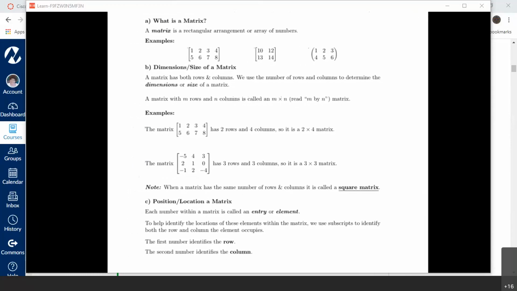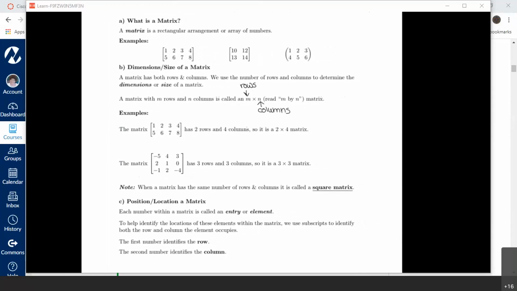The first number in the dimension of a matrix is the rows, and the second is the number of columns. So you would say an m by n matrix has m rows and n columns. Just remember this little times sign in the middle is read as the word by, and the rows always come first.